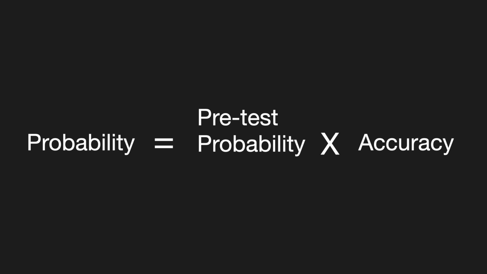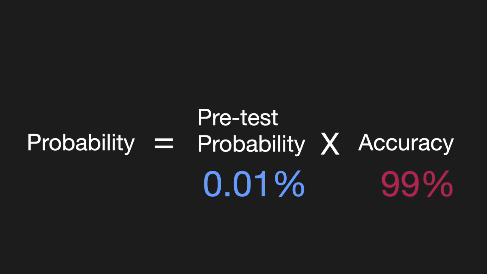No. The probability of having a disease is equal to the pretest probability of that disease, which is the base rate, multiplied by the accuracy of the test. So if the pretest probability of schistosomiasis in North America is, let's say, 1 in 10,000 or 0.01%, a positive test with a 99% accuracy improves or updates the probability by 2 decimal points to about 1%.